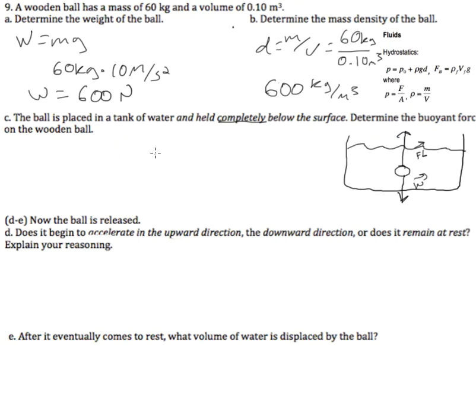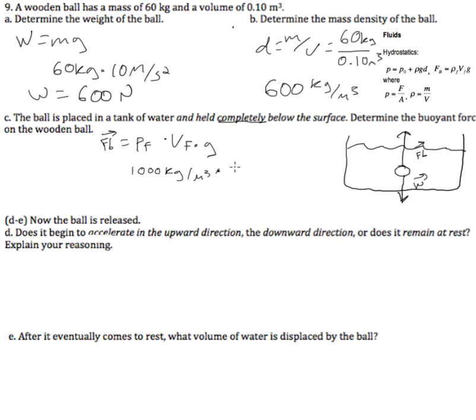And now we want to determine this buoyant force, which we remember is going to be equal to the weight of the fluid displaced by the object. So a useful way to write this is rho f times V f times g. The rho is the density, and we can recall or look up that the density of water is 1,000 kilograms per meter cubed.